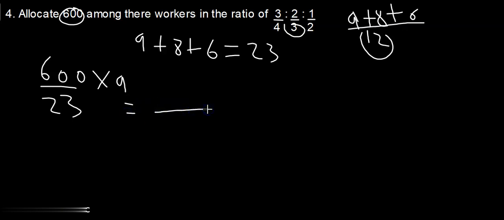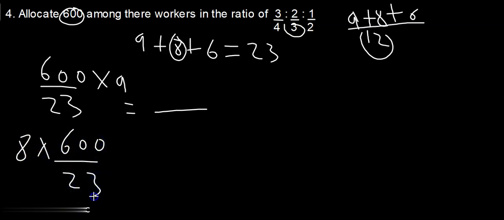I multiply this 8 by 600 over 23, which is the number you get by adding the ratio. Then you get the answer.